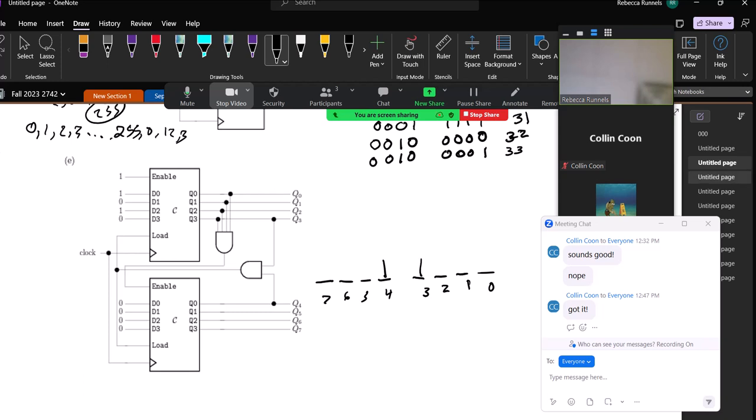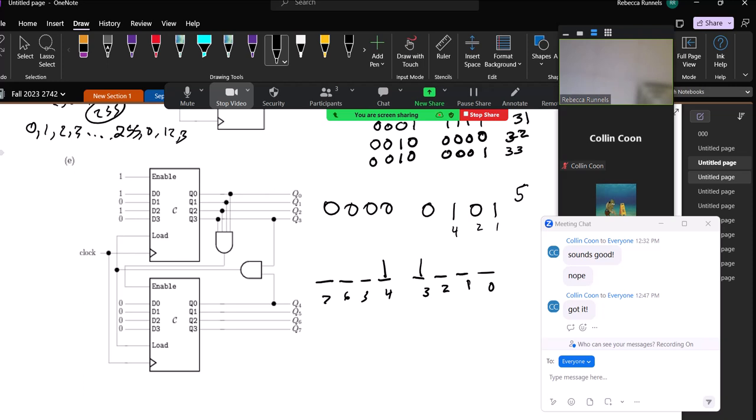Notice we're not starting counting at 0, we're starting counting at 1 0 1 0 0 0 0 0, and that number is, this is the ones place, the twos place, the fours place. This number is 5. So we're starting counting at 5.